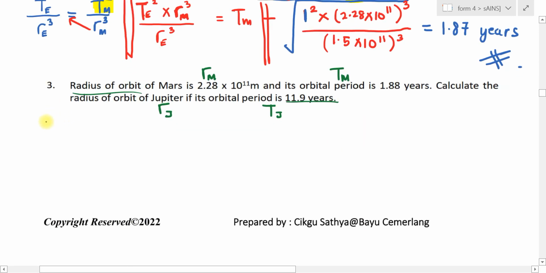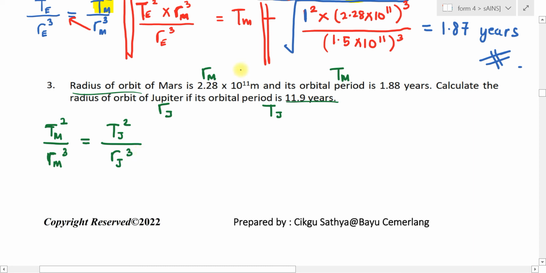Baik, kena buat secara sabar dulu. Okay, right, you letak T over R, T over R. Okay, T ni untuk siapa? Mars. Okay, so radius pun Mars. T ni untuk Jupiter, so radius pun Jupiter. Okay, numerator kena square, denominator kena cube.